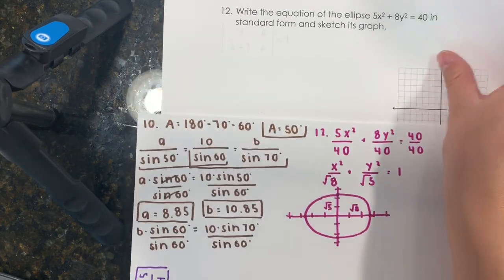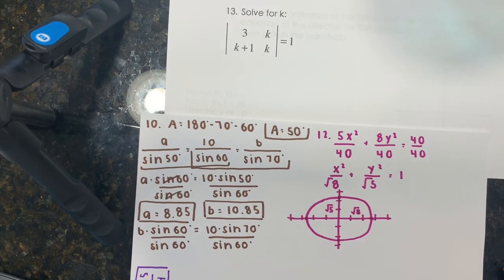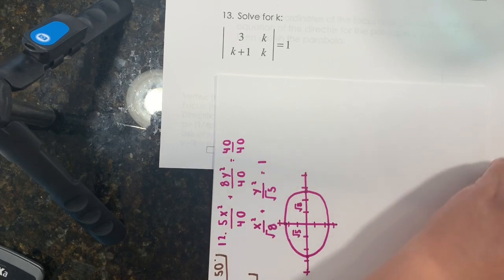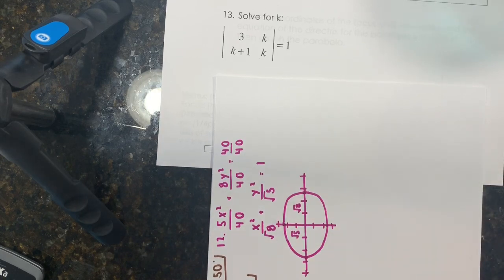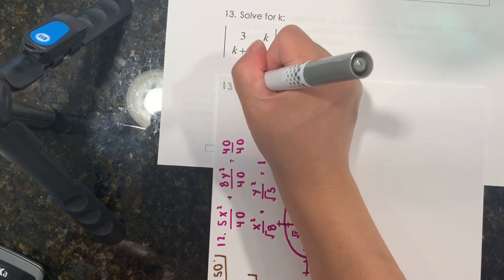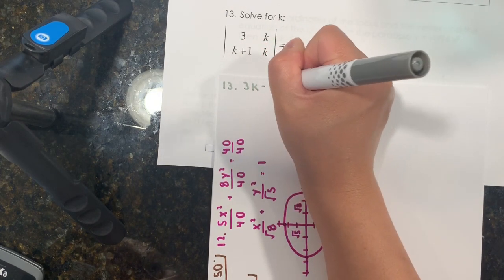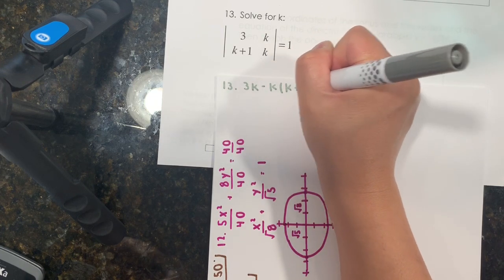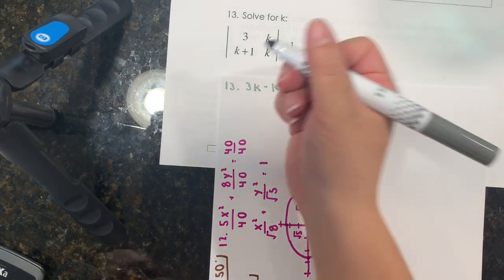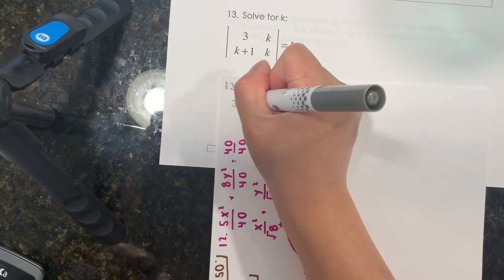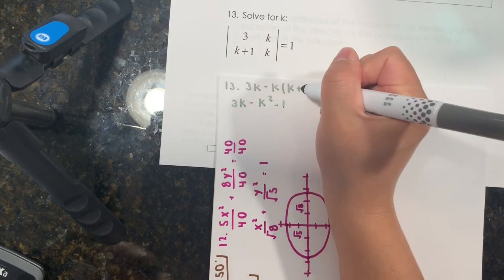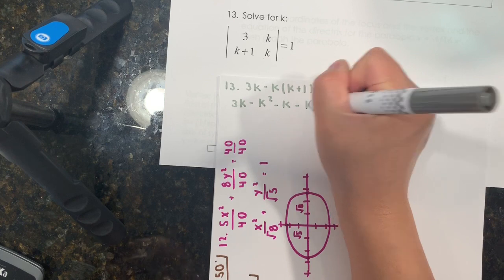Now looking at number 13, I have to multiply top left times bottom right minus top right times bottom left. So I have 3 times k minus k times k plus 1 minus 1 equals 0, because I'm going to set it equal to 0. So I have 3k minus k squared minus k minus 1 equals 0.